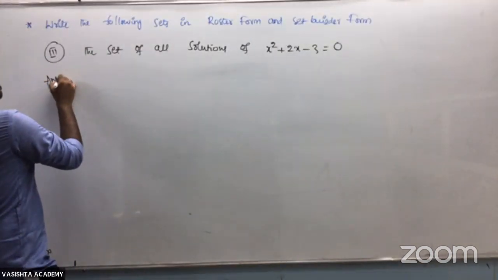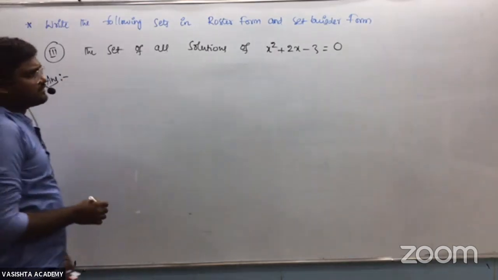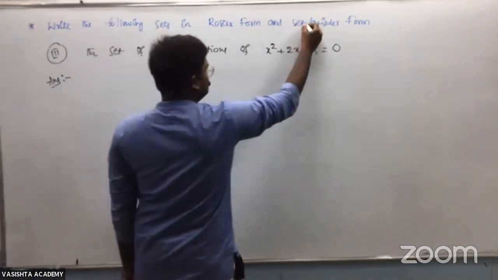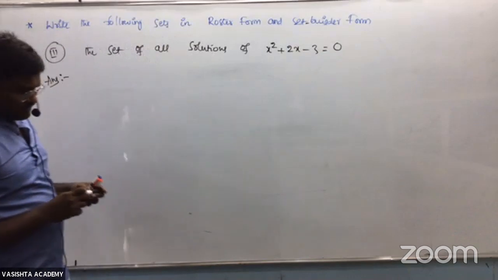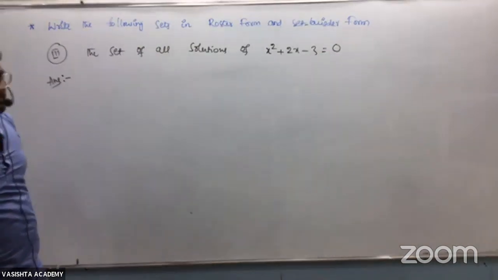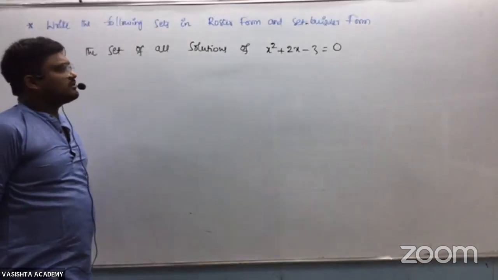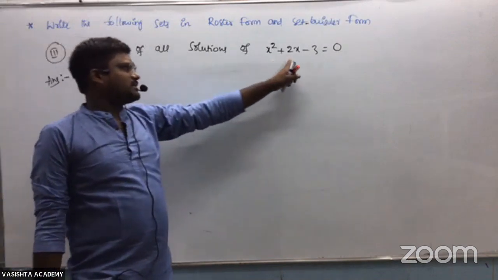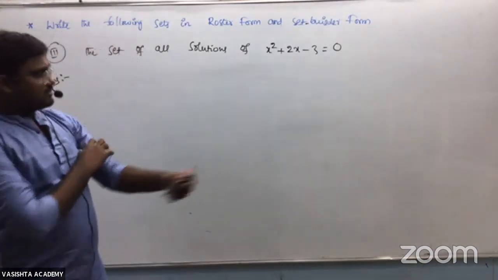I want you to write this set in roster form as well as set builder form. Can you send me the answer? It's easy.